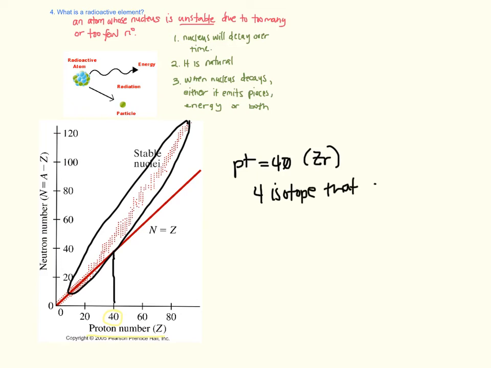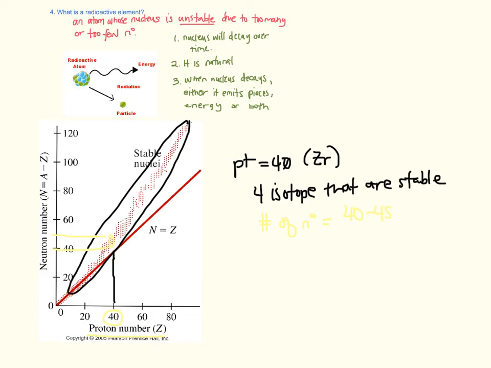If we look at zirconium's 4 little dots right here and follow them over, we can see that they range in number of neutrons between, say, 40 to maybe 45 or 50 neutrons.